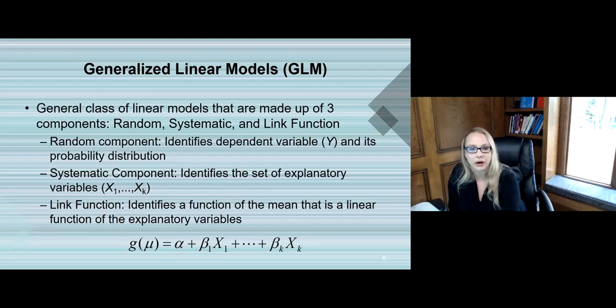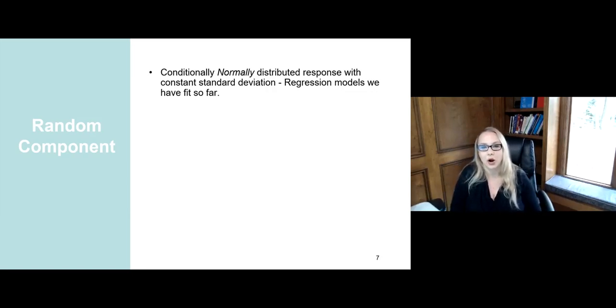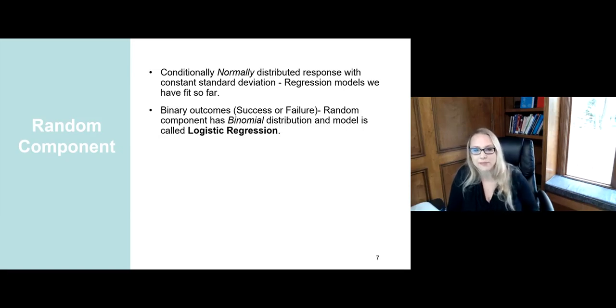So let's go into our random component first. So far, the regression models that we have fit are simple and multiple linear regression. They assume that there's a conditionally normally distributed response with a constant standard deviation. When we have binary outcomes, such as success or failure, the random component has a binomial distribution, and the model is called a logistic regression.